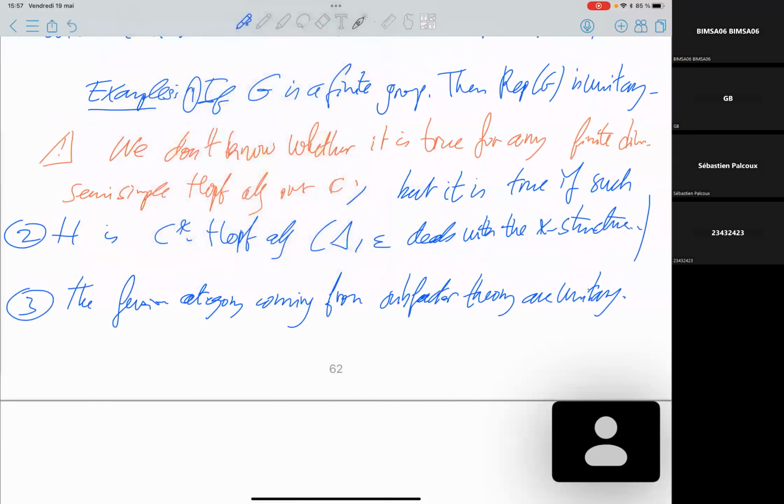In fact, the class of example one is included in the class of example two, and the class of example two is included in the class of example three. In fact, you can see a C-star Hopf algebra as a subfactor. In fact, two corresponds to depth 2, irreducible, finite index subfactors.